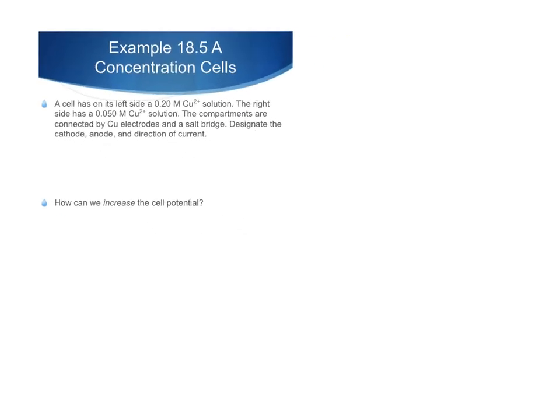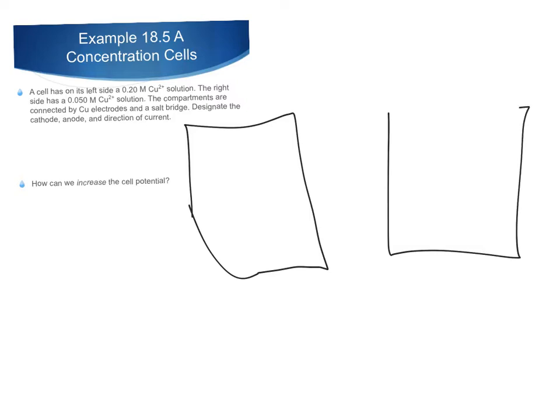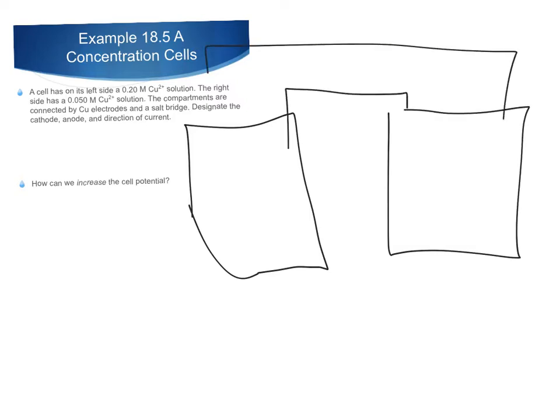If we separate them in a galvanic cell and make a battery out of them, we can get the molarities to meet in the middle the same way just by transferring electrons. So we can get the same effect.